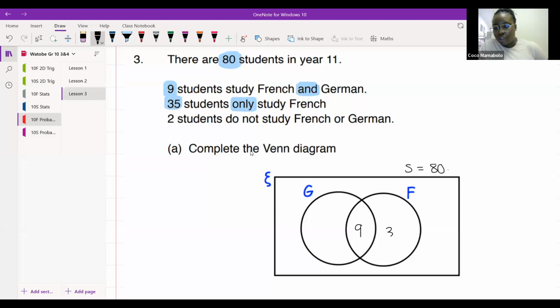Beautiful. We're going to put 35 here. Why didn't I say 35 minus 9 and put 26 here? Because, ma'am, only 35 students take French, not all 35 take French and German. Beautiful. This 9 is the ones who take French and German, but those who take French only are 35. So we need to be very careful.